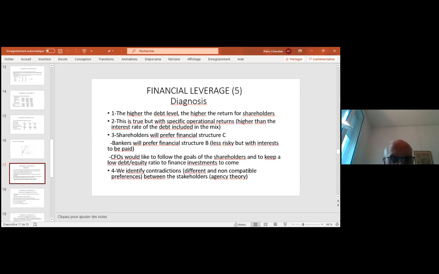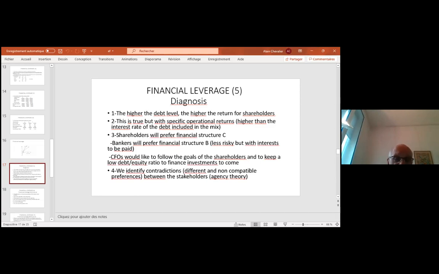But we understand that we are in a specific case. In that table, we have a case with an EBIT of 200,000, which is much higher than the 48,000, at which the return on operations is equal to the interest rate. So this is true: the higher the debt level, the higher the return per shareholder, but in a specific situation.